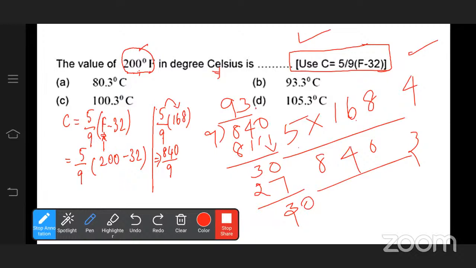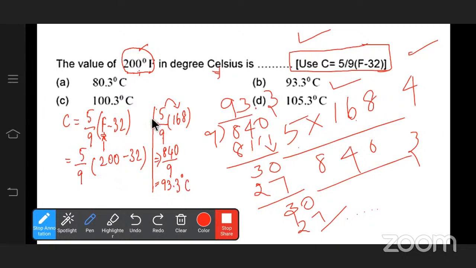Again I'm getting 30, so the same 3 times, 27. Likewise it will go on. You just check the answer. So here it is 93.3, right? So I'm getting the answer 93.3 degrees Celsius.